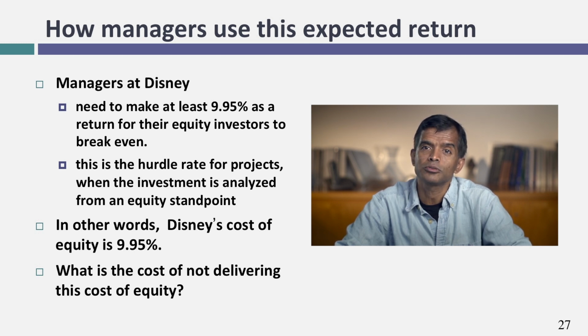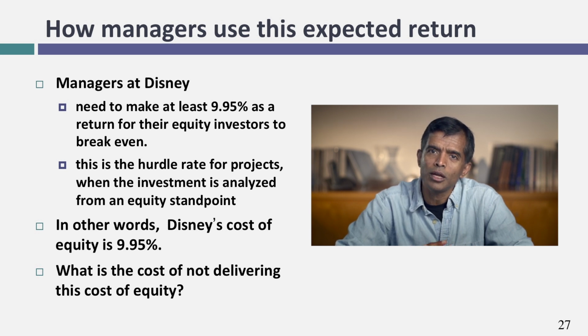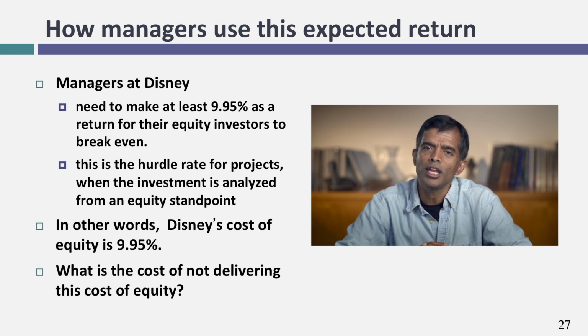Of course, Disney managers might wonder, what will happen if I don't deliver the 9.95%? It's not like debt, where if you don't make the interest payment, you go bankrupt. If you don't deliver the 9.95%, in other words, you go out and take projects that make less than 9.95% consistently, the first thing that will happen is your stock price will drop, because that's the only way stockholders can react.